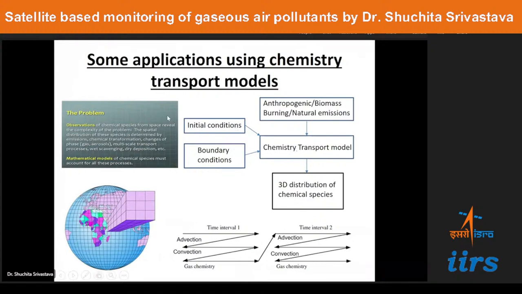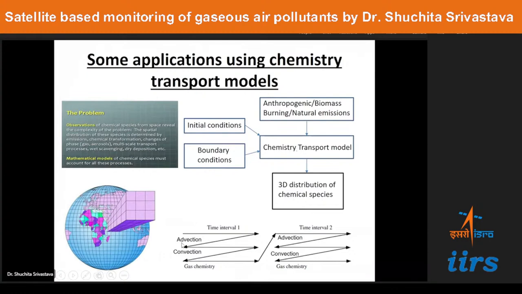After that, we consider the emissions from the surface, the effect of advection, the effect of convection and gas chemistry. For the first time interval, the first 20 minutes, advection is allowed to change the number density within the grid cells.